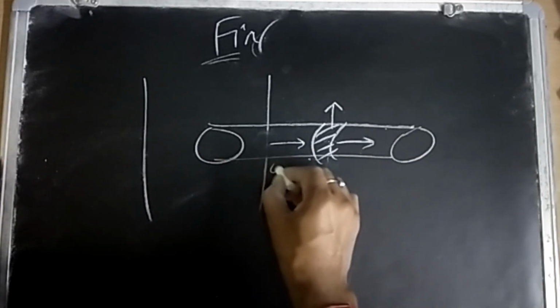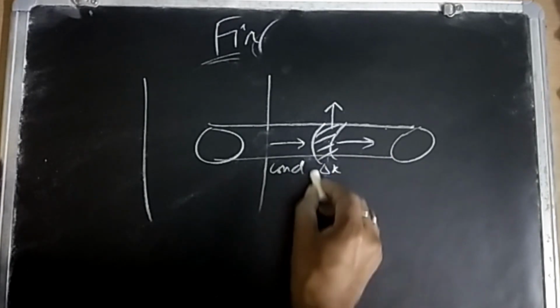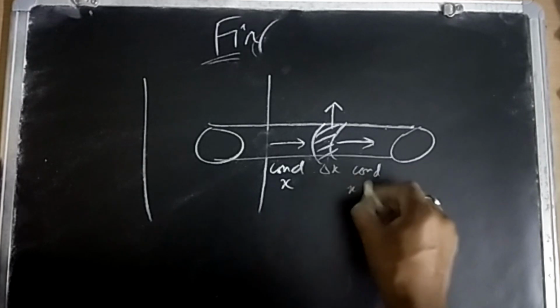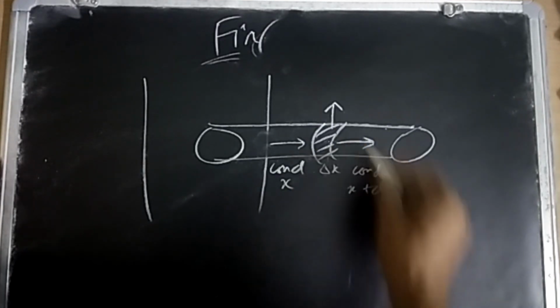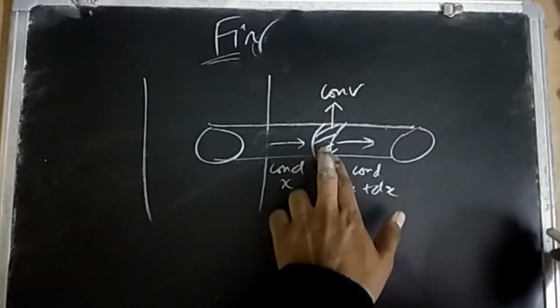So conduction before this, let's say this is delta x, so at x, and this is conduction at x plus delta x or dx, and this is convection. So conduction, convection, conduction. Okay, same thing.